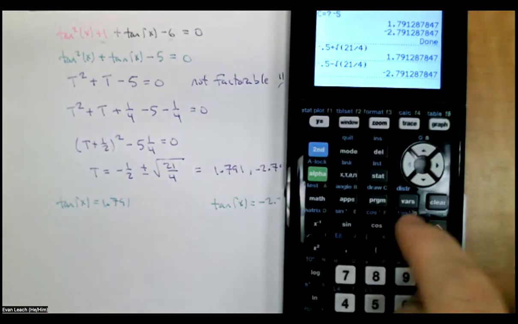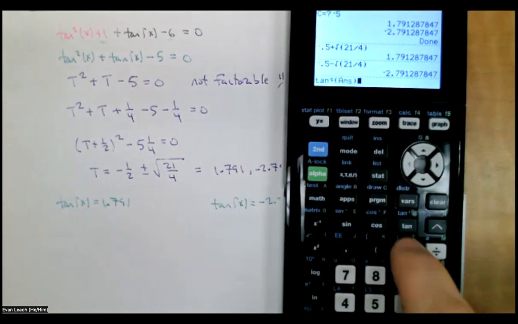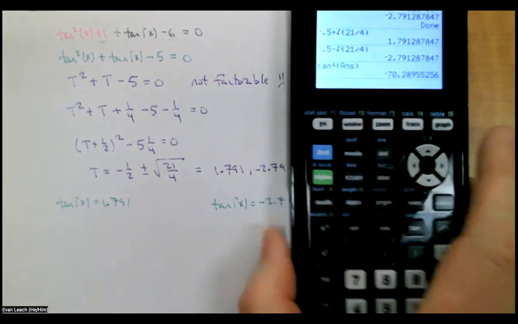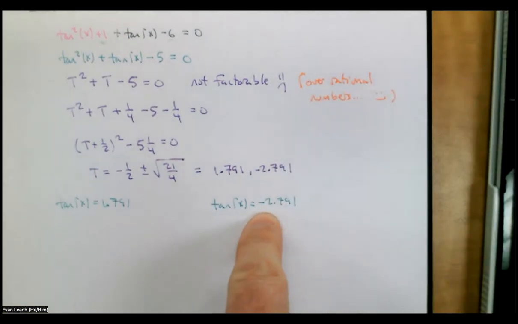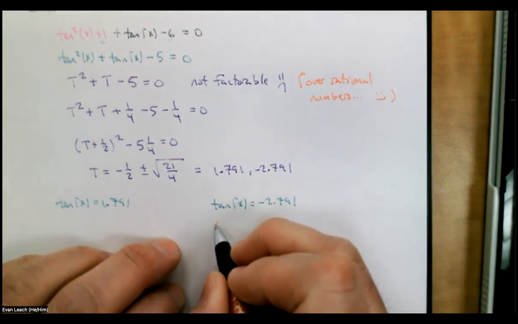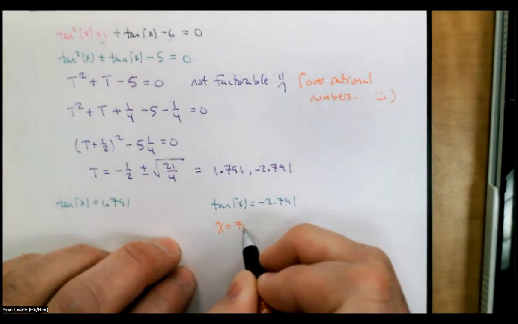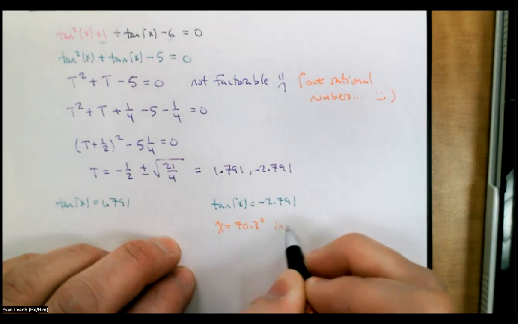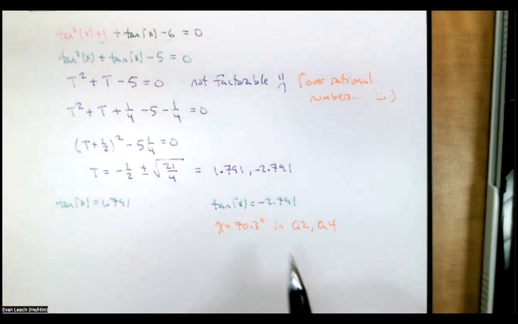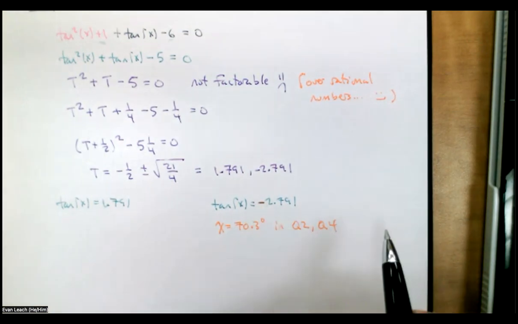So I'll do tangent inverse of, I'm going to do the negative one first because it's right there, which is a negative 70.3 degree angle. And that's going to go in quadrants 2 and 4. So x is 70.3 degrees in quadrant 2 and quadrant 4, because 2 and 4 are where tangent is negative.